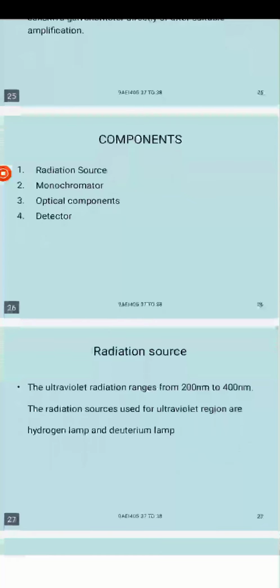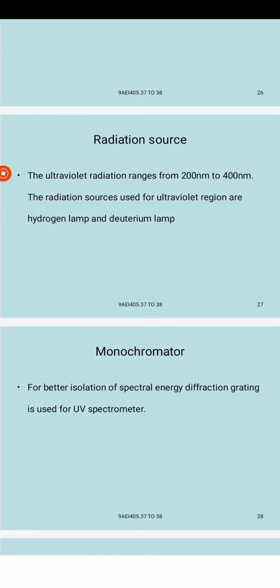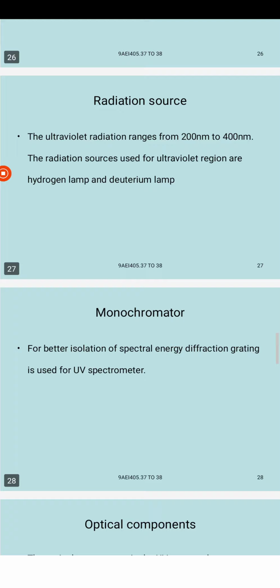The components: radiation source, monochromator, optical components, and the fourth one is detector. Radiation source: ultraviolet radiation ranges from 200 nanometers to 400 nanometers. The radiation sources used for the ultraviolet region are hydrogen lamp or deuterium lamp.